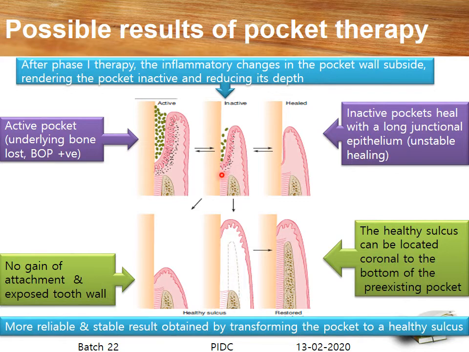But after that, if it heals with a long junctional epithelium, it means that this long junctional epithelium is considered to be a little unstable in its healing, and therefore this is not considered to be a very accurate healing method for the pockets.